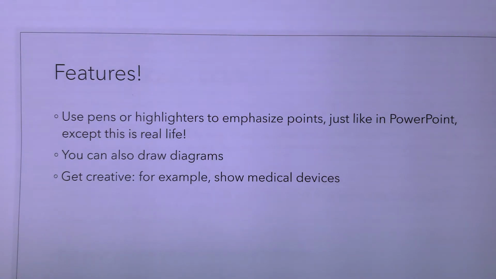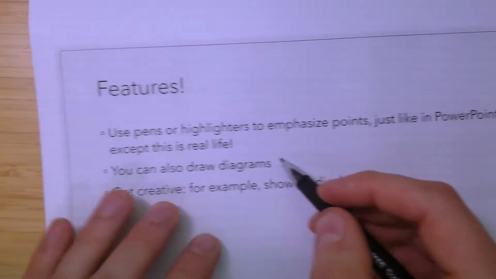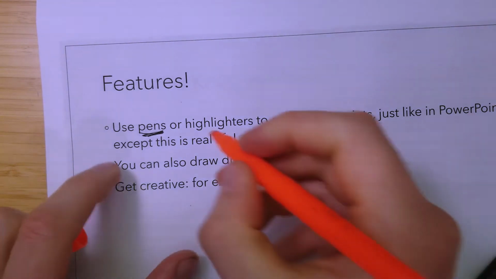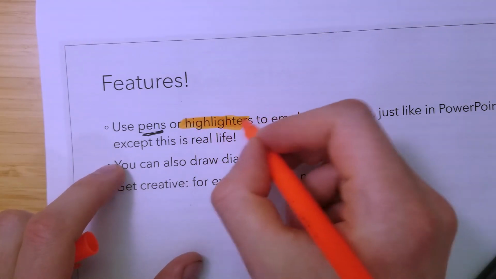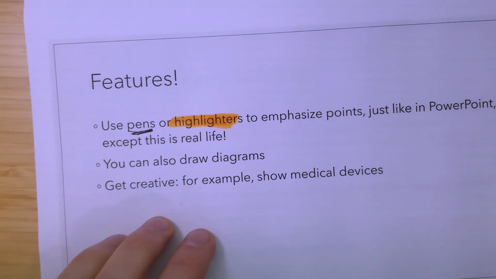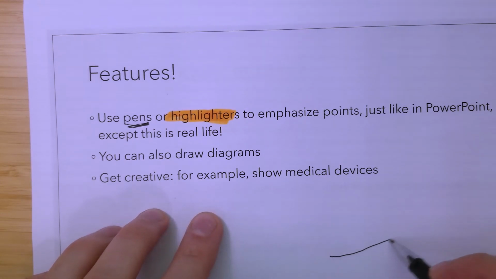So I want to point out that one thing you can do here is use a pen or a highlighter to emphasize things, and it's super easy and intuitive to do. It's just like in PowerPoint, except it's actually real life. You could also draw diagrams.